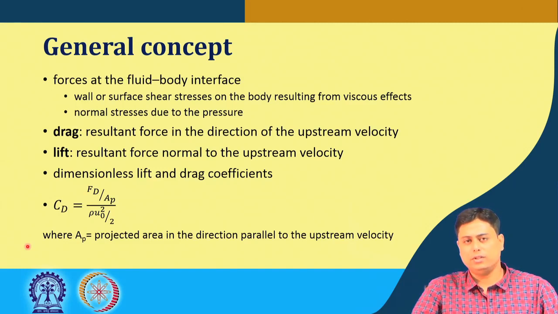It has its curvature. Therefore, the pressure and the shear stress have their components in the direction of the flow, or the upstream velocity. Okay. So, these resultant forces, the components of the shear stress and the normal stress, contribute to the force that we call the drag force, and the other force that acts is normal to this.